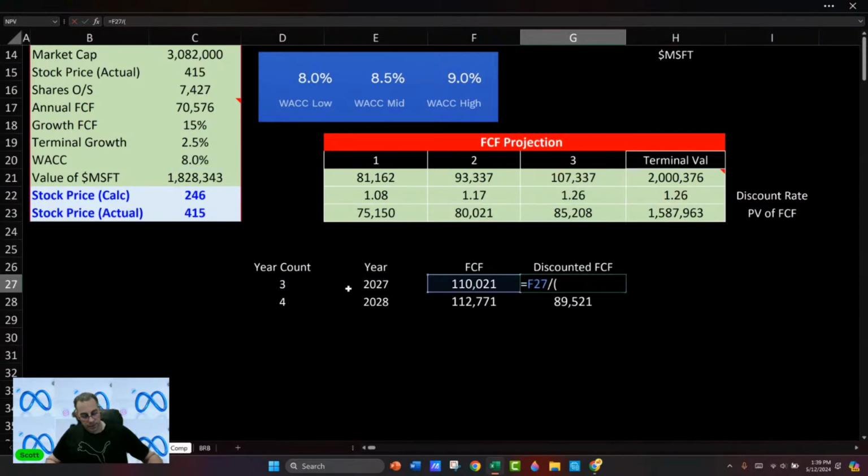This is probably taking longer than I thought. 1 plus. You don't need to do this for your DCF. I'm just showing you how terminal value works.